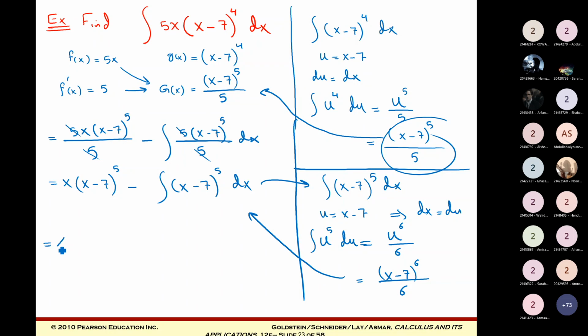So this equals x multiplied by x minus 7 to the power 5 minus the integration of x minus 7 to the power 5, which equals x minus 7 to the power 6 over 6 plus c. Okay. Any question?